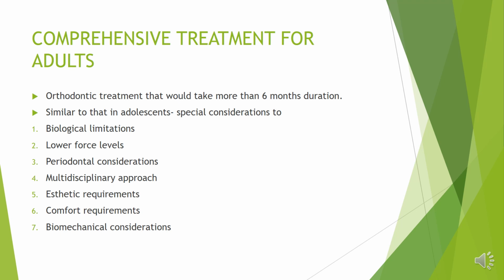Comprehensive treatment for adults includes that orthodontic treatment which would take more than 6 months duration. It is similar to that in adolescents, where special considerations are given to biological limitations, lower force levels, periodontal considerations, multidisciplinary approach, aesthetic requirements, comfort requirements, and biomechanical considerations.